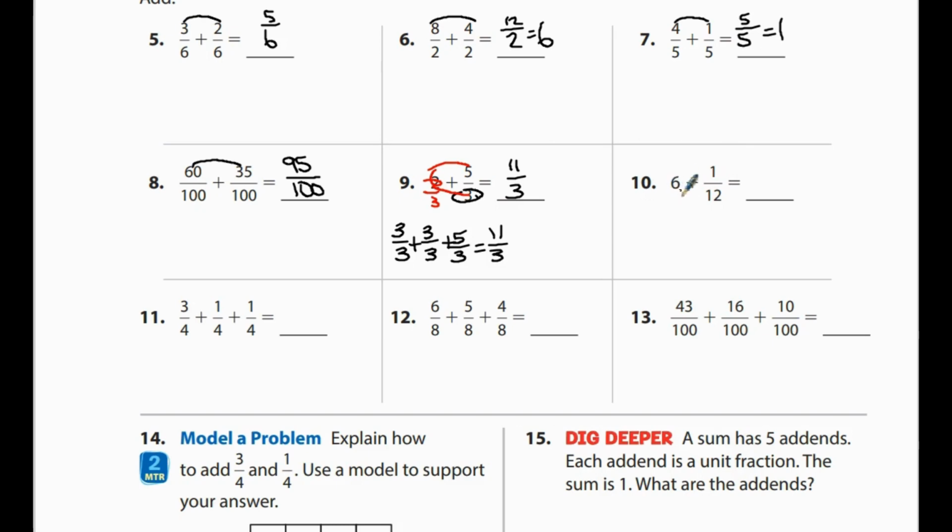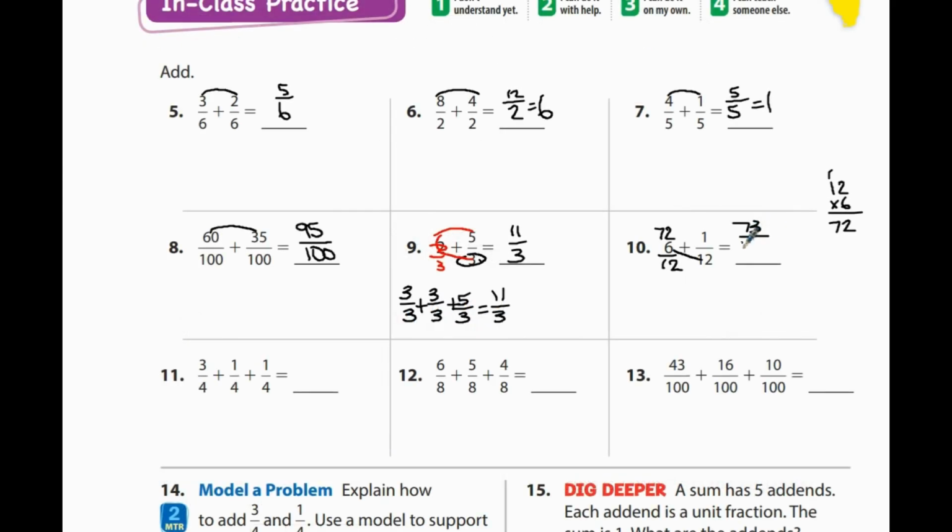So in other words, let me explain what I'm getting at. If I put a 12 here and I multiply 12 times 6, it's going to be 72. This is going to give me 73 over 12.